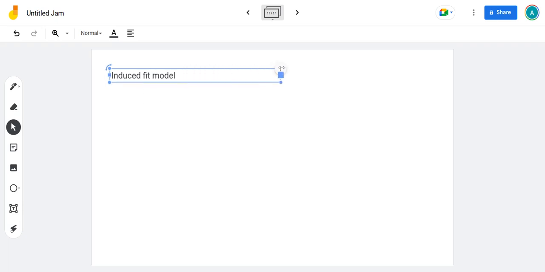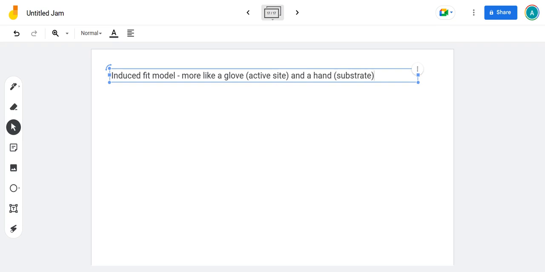In the induced fit model, the idea is that it's more like a glove and a hand. The analogy for this is that the glove is like the active site of the enzyme, and the hand is like the substrate that's going to react.